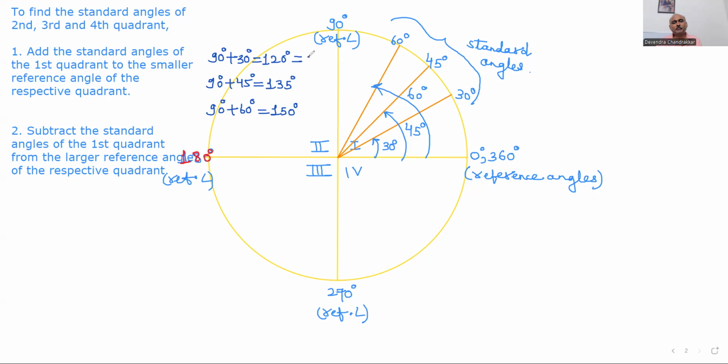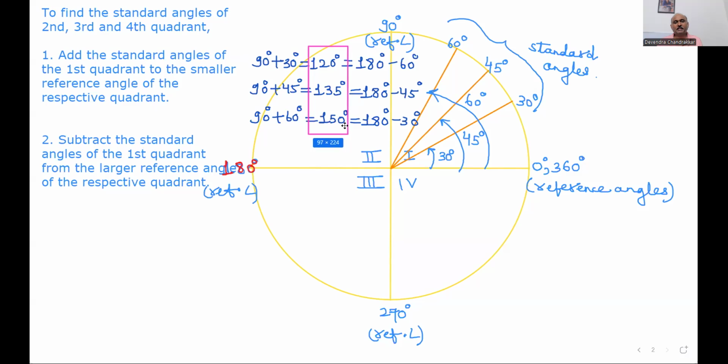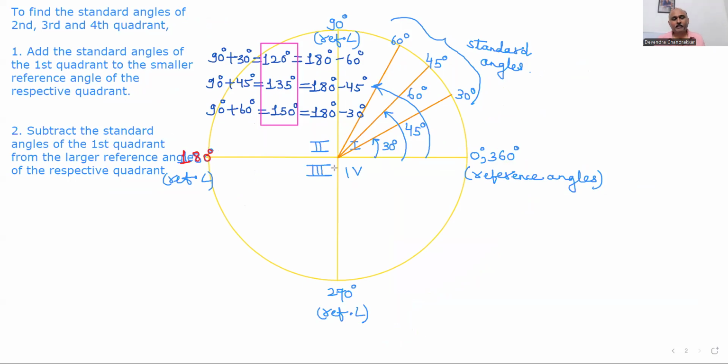You can also get this by subtracting the standard angles. 180 minus 60, 180 minus 45 degree, 180 minus 30 degrees. बेटा समझ आया आप लोगों को कि नहीं आया सबको? Yes, sir. These are the standard angles of second quadrant. 120, 135, 150.